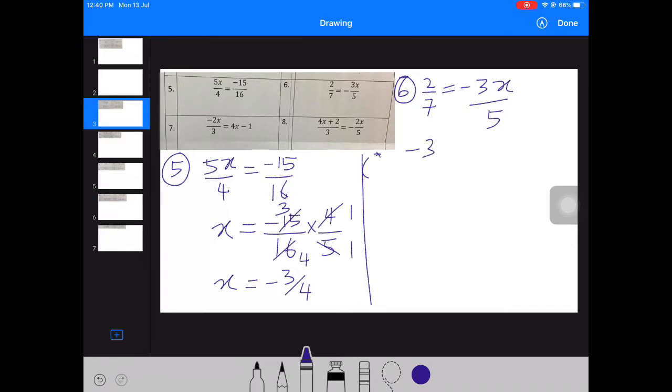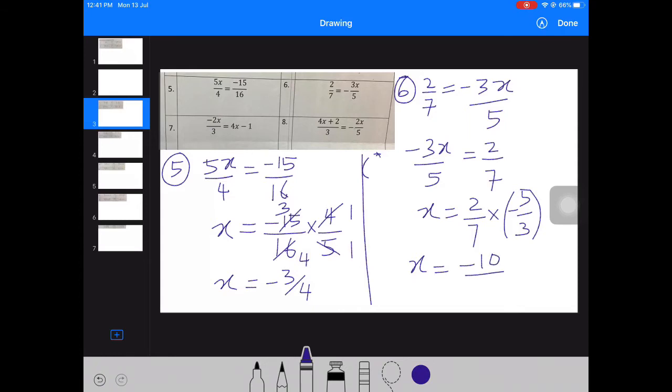So negative 3x over 5 equals 2 over 7. So just leave x on the left. The rest you multiply and reciprocate on the right. So 2 over 7, just multiply negative 5 over 3. Can we simplify? No, so we just straight away multiply both of the fractions. You get negative 10 over 21.